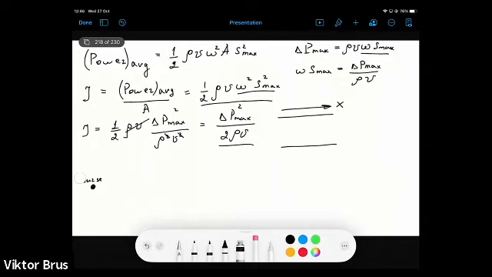So if we have a point source, then sound will spread radially. It will spread to so-called space angle 4 pi steradians. So we draw here some circles, but indeed these are spheres. We can represent it like this.